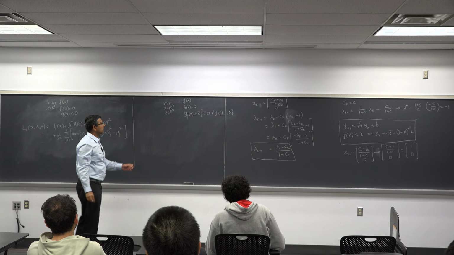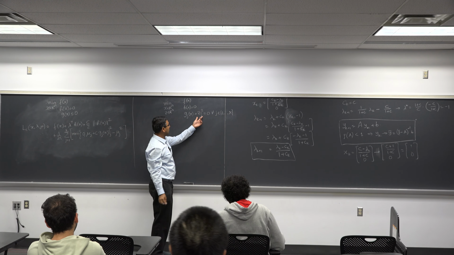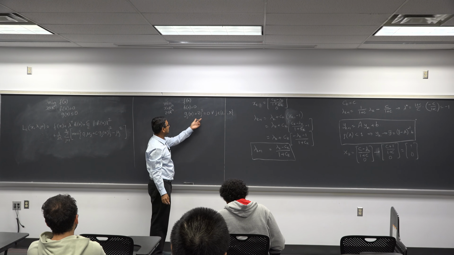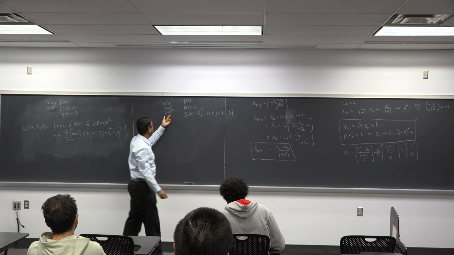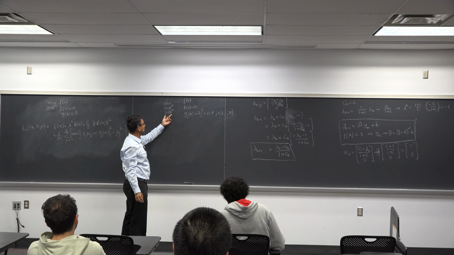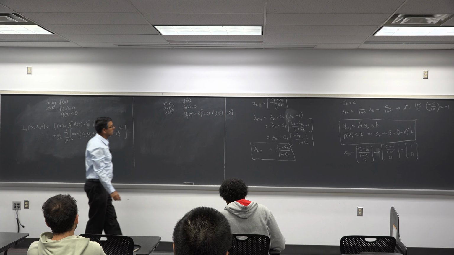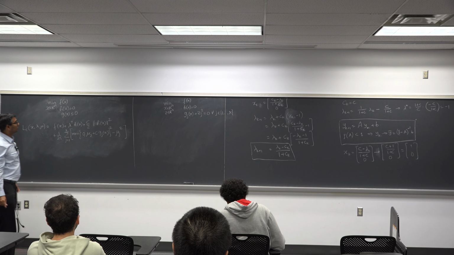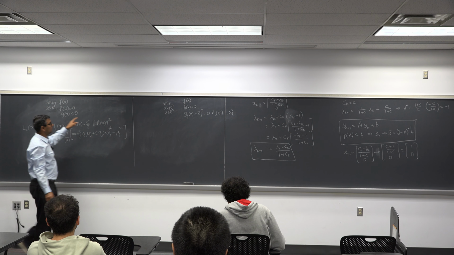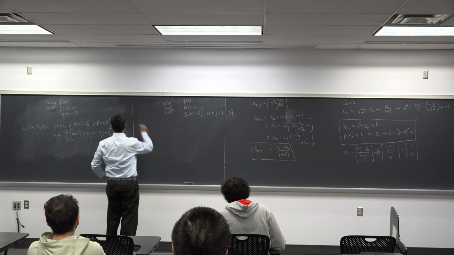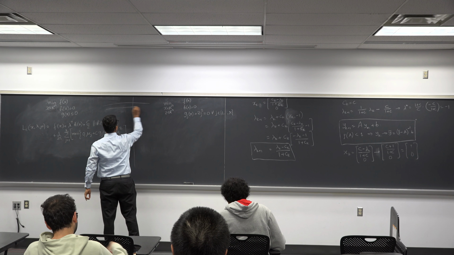I'm going to add a term z_j squared to each of the inequality constraints, set it equal to 0, and add z as an optimization variable in the problem. So I could go from this problem to this problem, and they are equivalent problems.